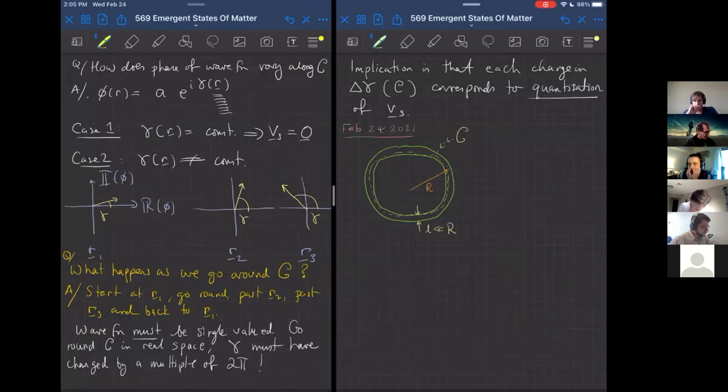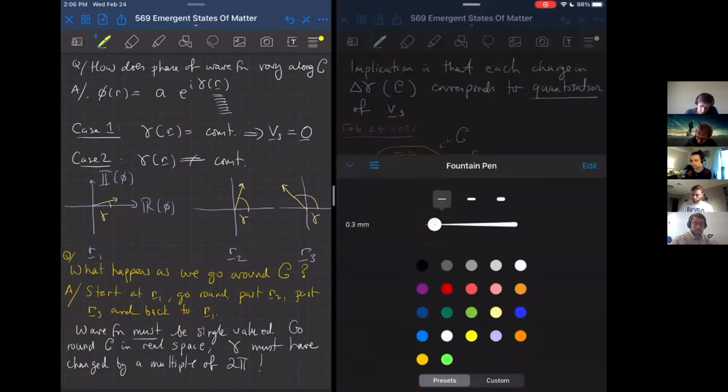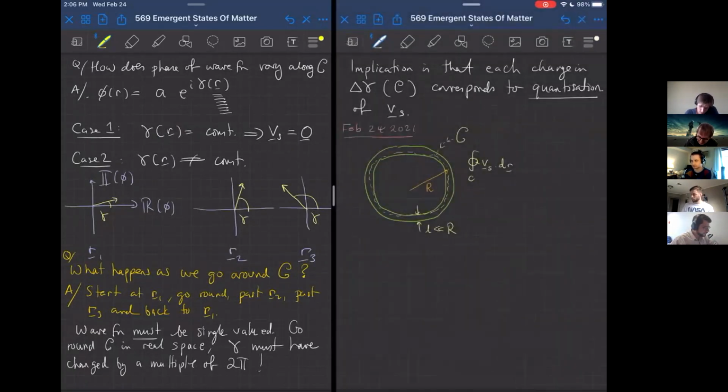So essentially what we can say is that if I want to compute the line integral of the velocity around this loop, so I'm going to go around this curve C, I'm going to compute the superfluid velocity as a line integral. So we're going to assume that we have over here a superfluid velocity Vs that is being driven by the gradient in phase.